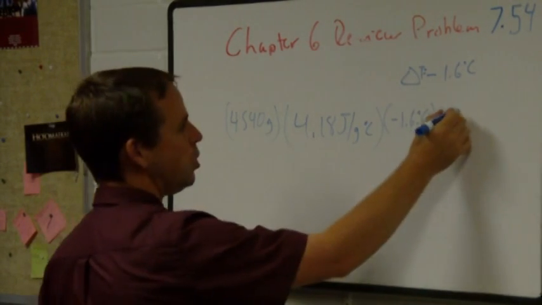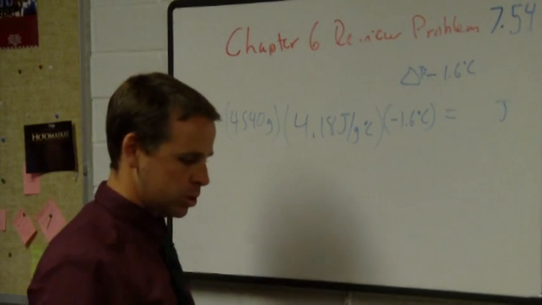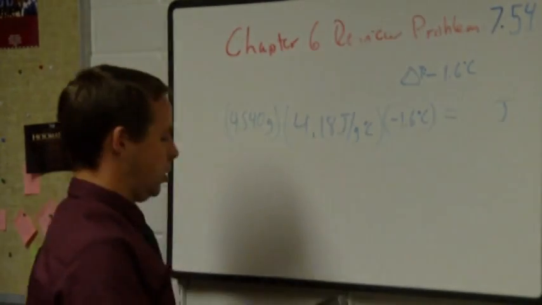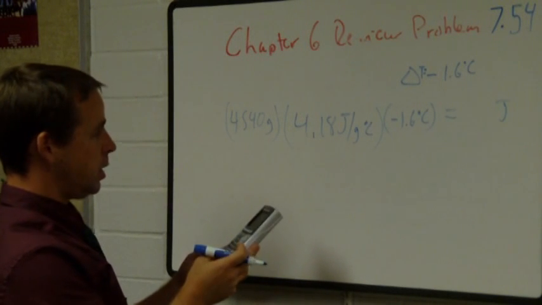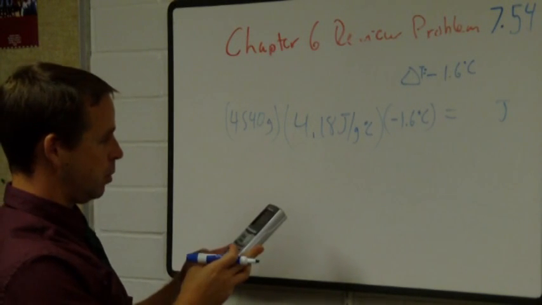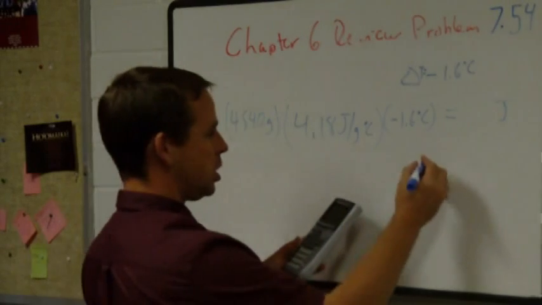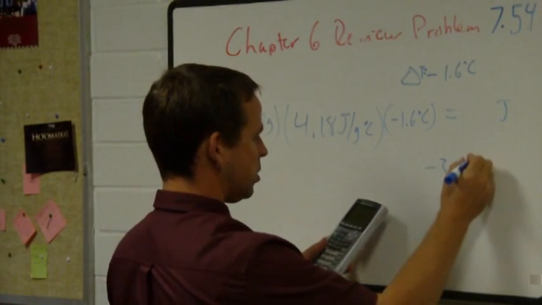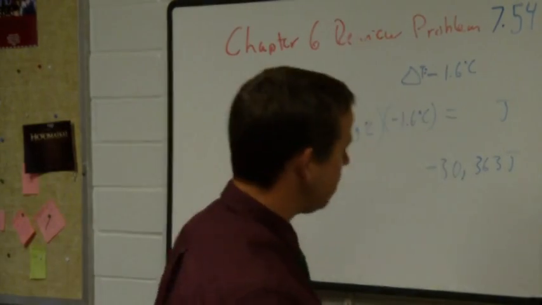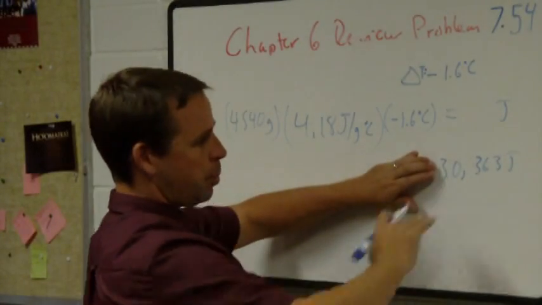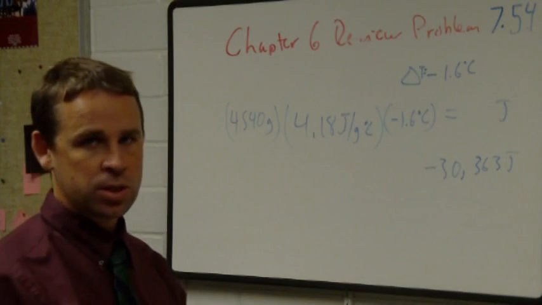So we want to know how many joules left the water: 4,540 times 4.18 times negative 1.6. The energy change is negative 30,363 joules, and this many joules left the water, a positive 30,363.